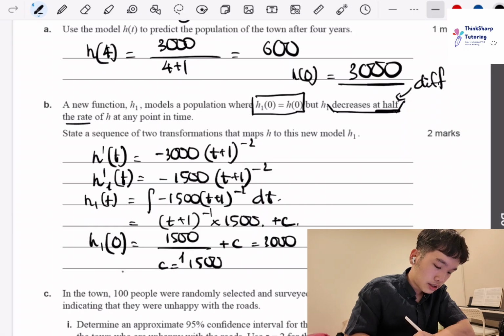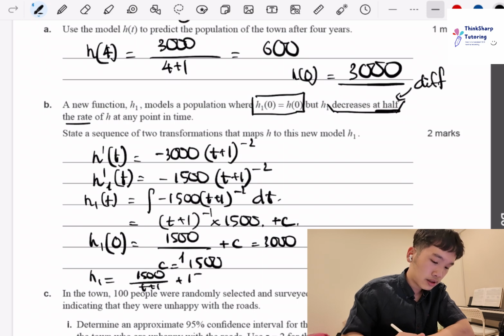So your h1(t) is equal to 1500 over (t plus 1) plus 1500.